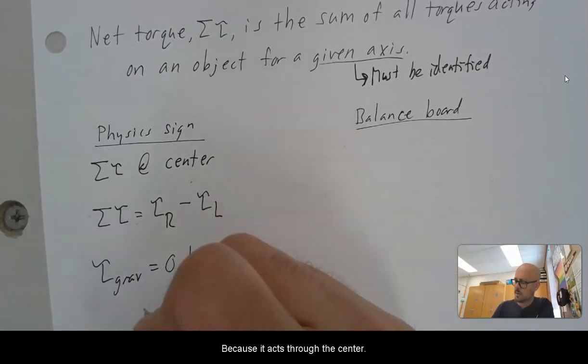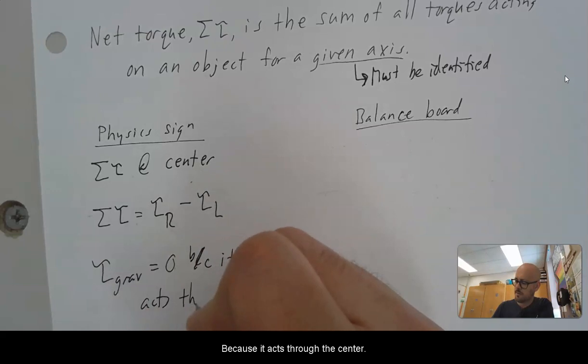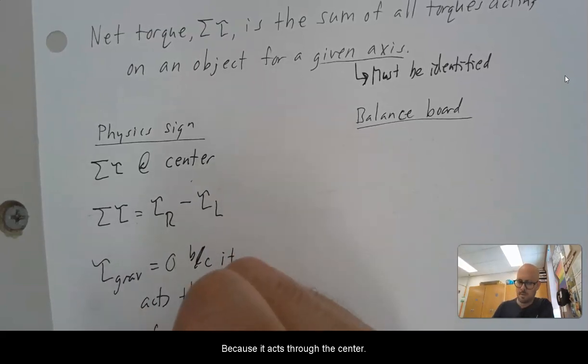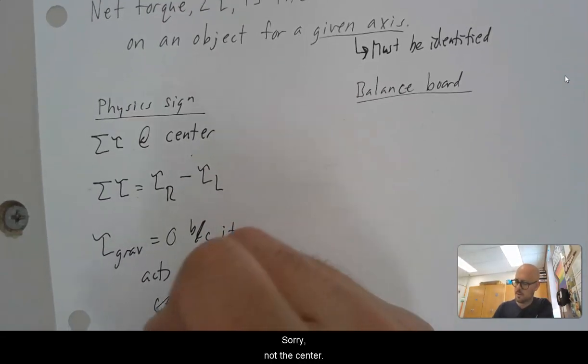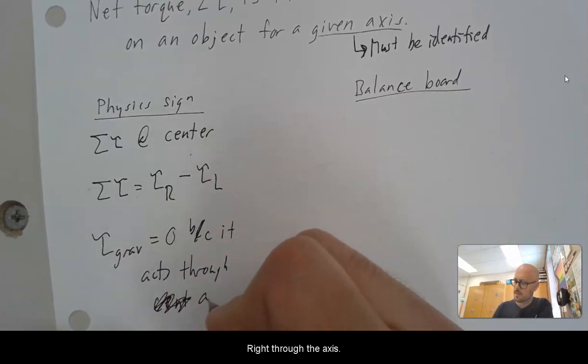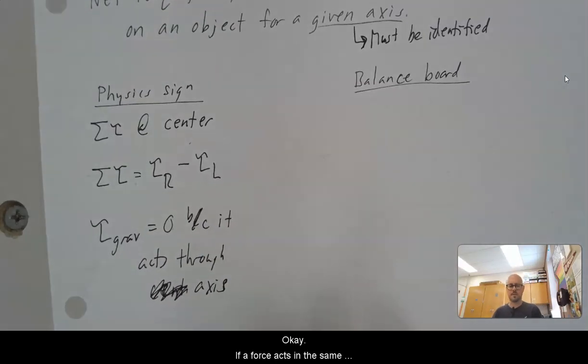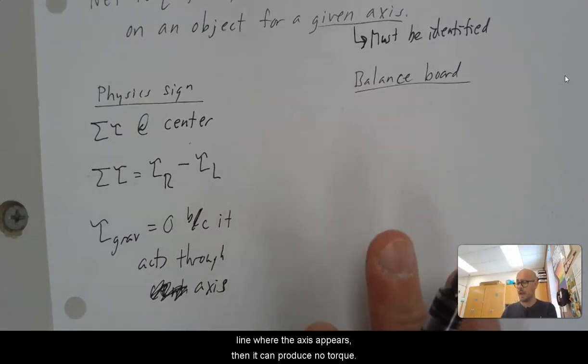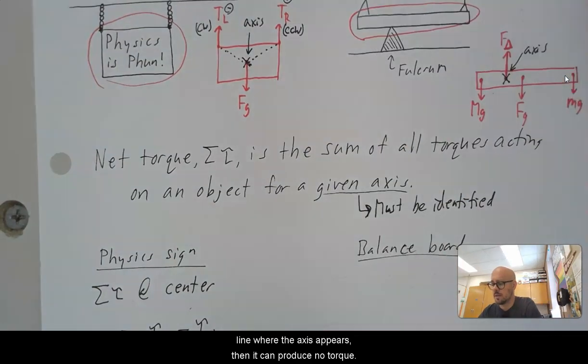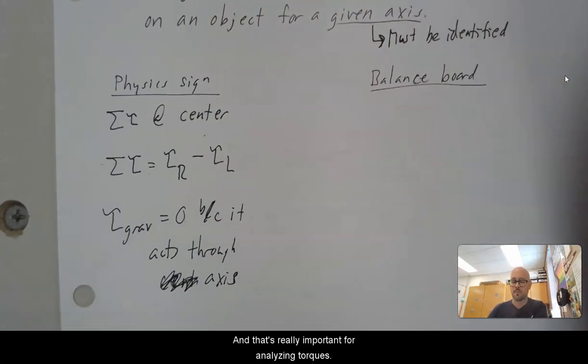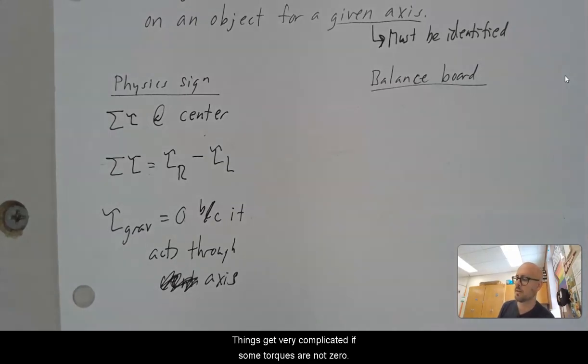Because it acts through the center, sorry, not the center, right, through the axis. If a force acts in the same line where the axis appears, then it can produce no torque. And that's really important for analyzing torques. Things get very complicated if some torques are not zero.